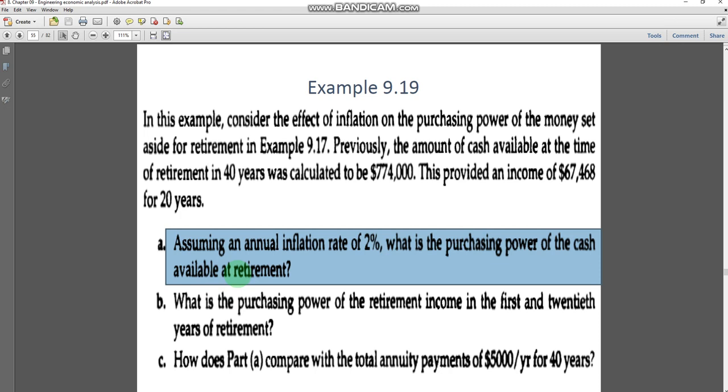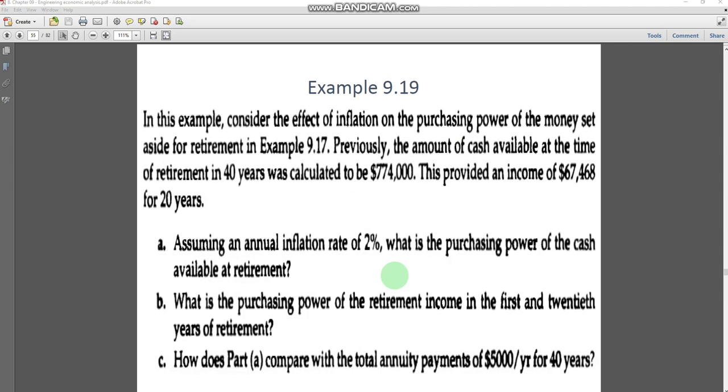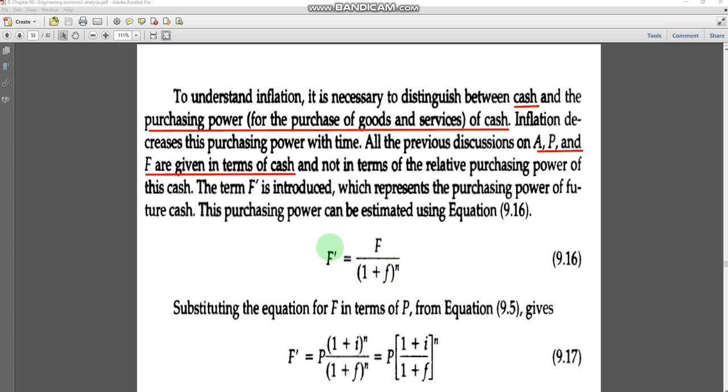So for this, I will use equation 9.16, with the value for the inflation, which is 2%, and the number of years, which is equal to 40. The f value is the final value that we got after the investment, that is $774,000. Now we will simply use this equation for f dash, which is the future purchasing power of the cash.